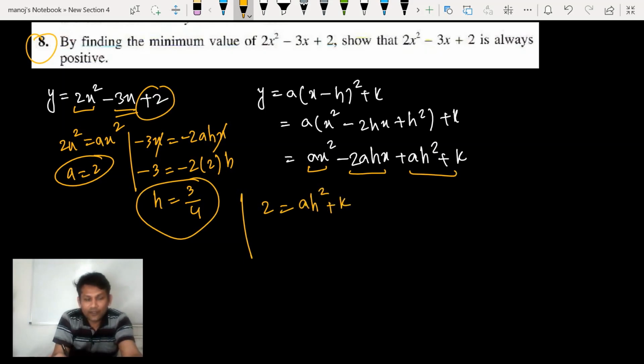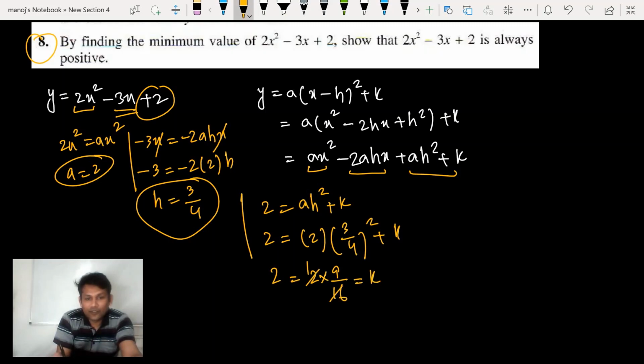In the last question I used the complete square formula. a is 2, h is 3 upon 4 whole square, plus k. 2 is equal to 2 times 9 upon 16, plus k, and 2 times 9 upon 16 is 9 upon 8.